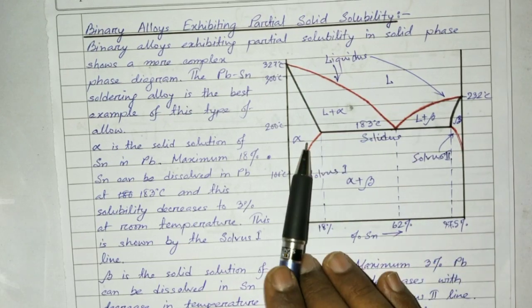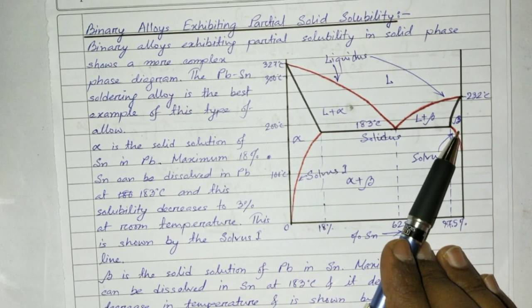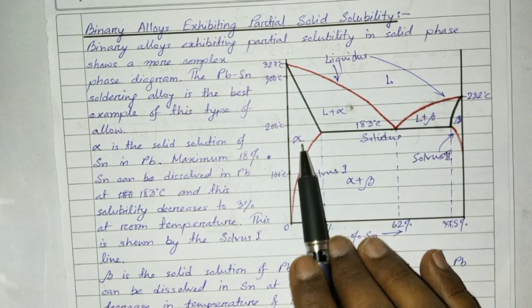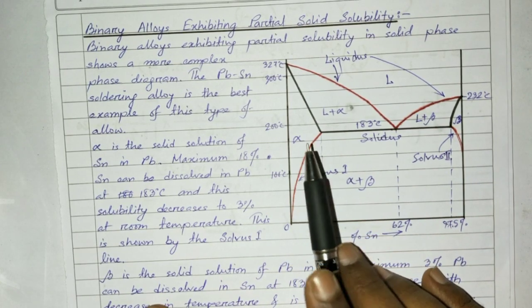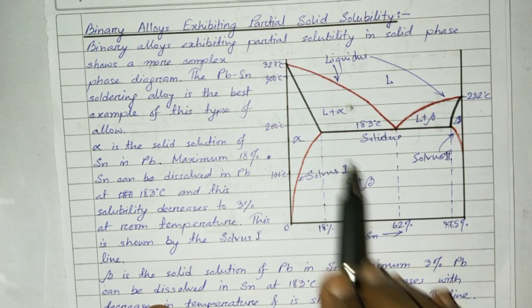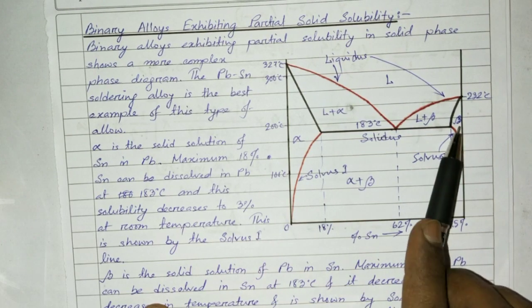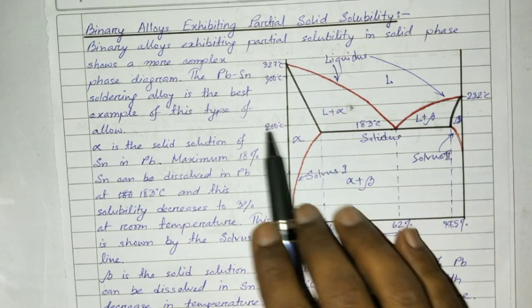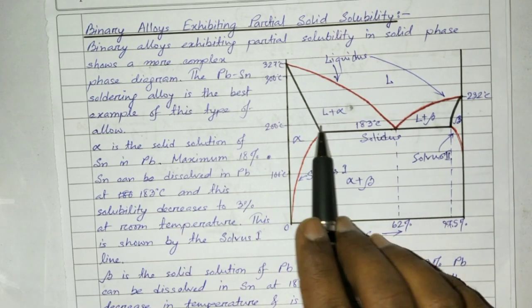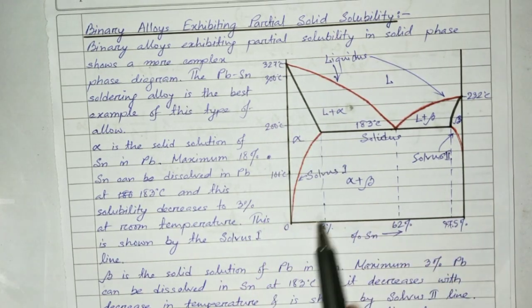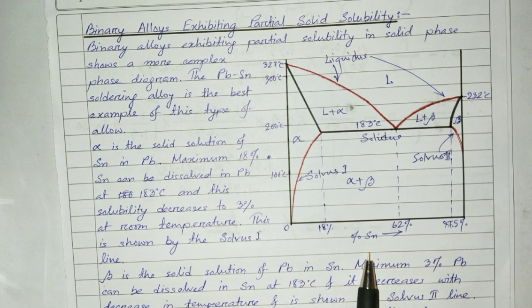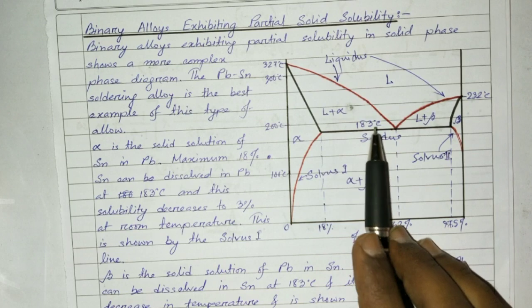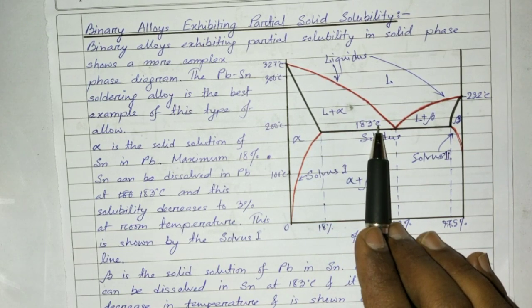Before that, we can see that alpha and beta phases are there. Alpha phase is nothing but the solution of tin in lead, and beta phase is nothing but the solution of lead in tin. Now it can be seen that the maximum solubility of tin in lead is 18%, and that too at 183 degrees centigrade.